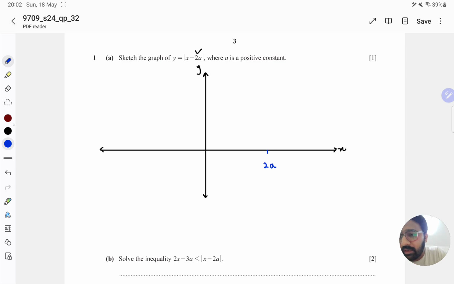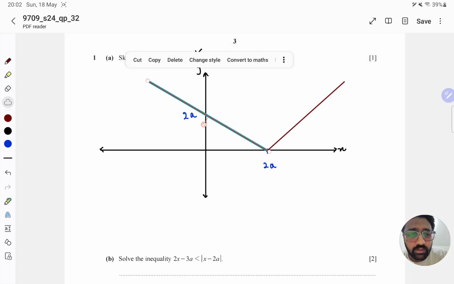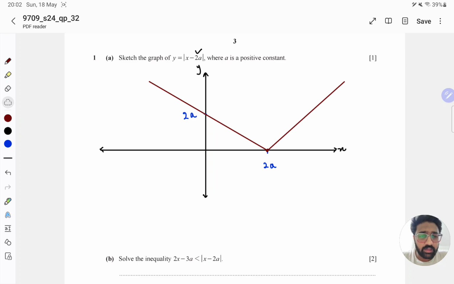One point is going to lie, especially the vertex, over here, and the y-intercept is also going to lie here, and the graph is going to look like this. It is going to be a modulus type graph with 2a as the vertex.